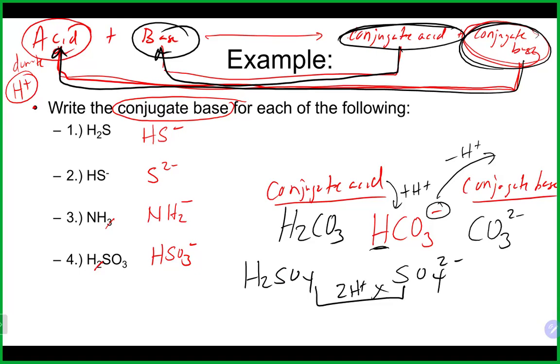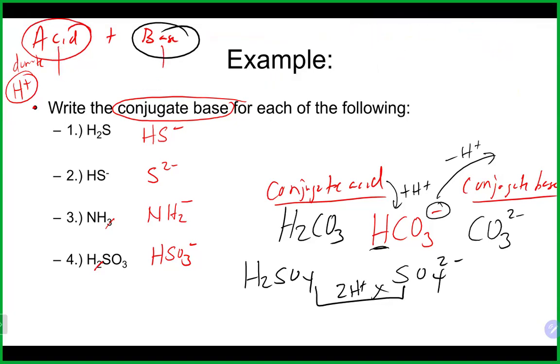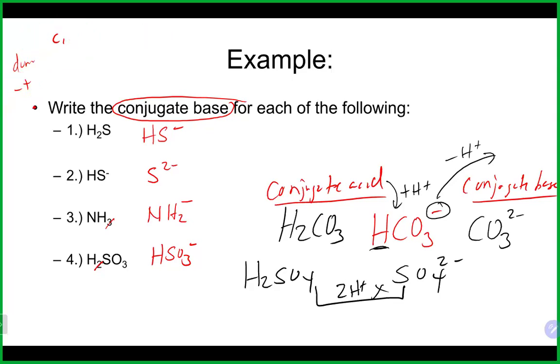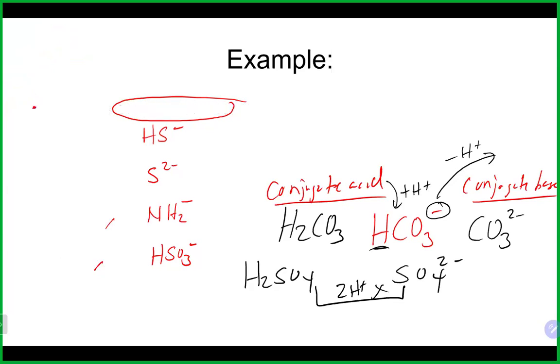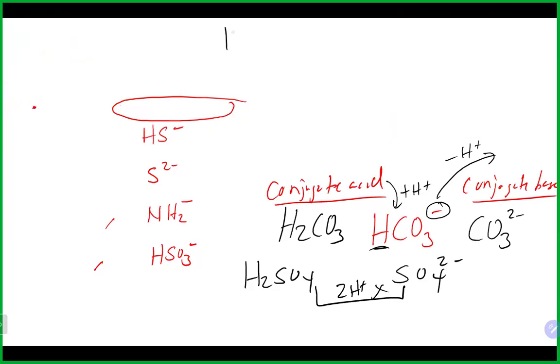Sulfuric acid is what is referred to as a diprotic acid, and the hydrogens basically come off one at a time. Diprotic means it has two hydrogens it could give, but it gives them one at a time. So what will actually happen in this case is the H2SO4 will first lose one hydrogen and make HSO4 minus.